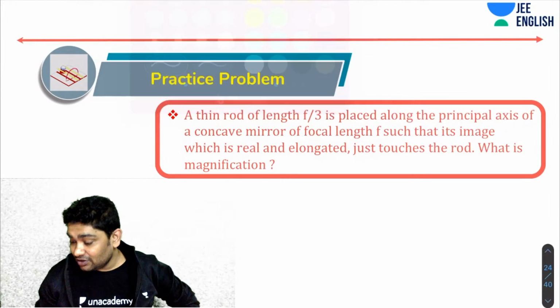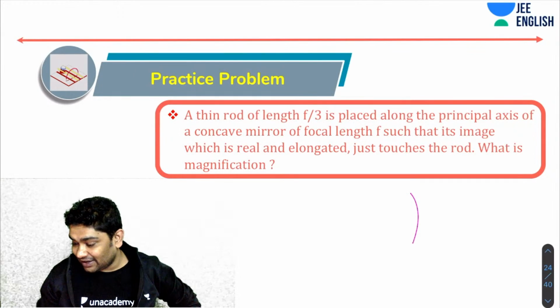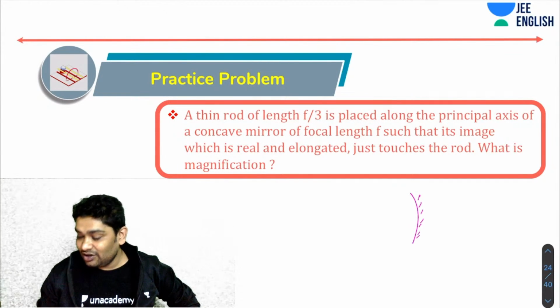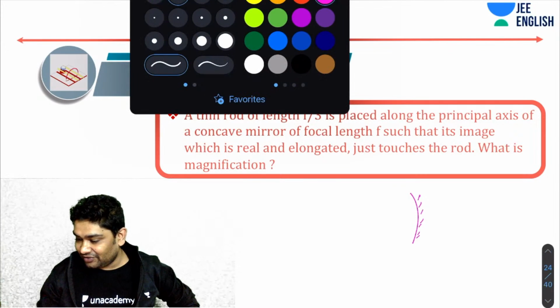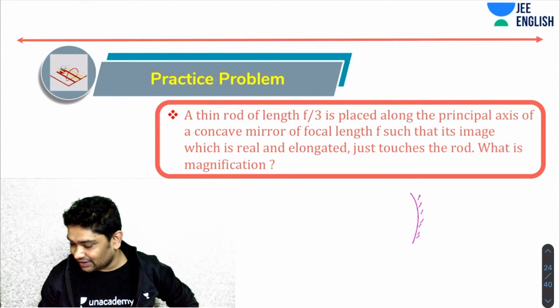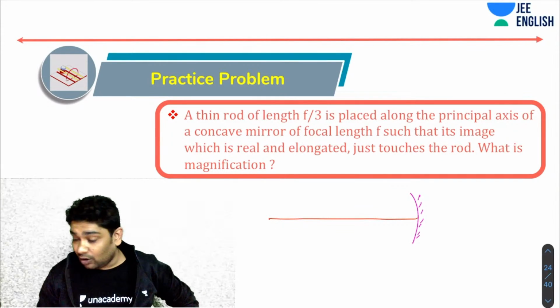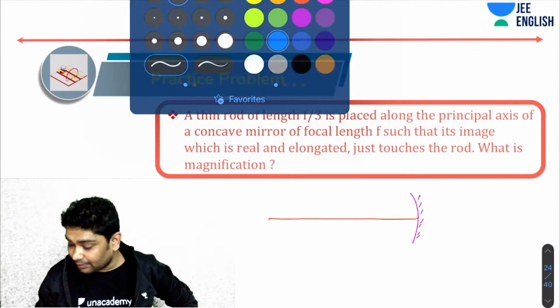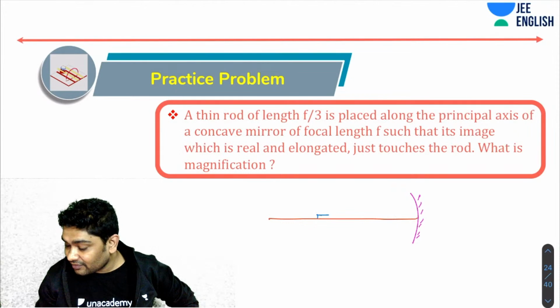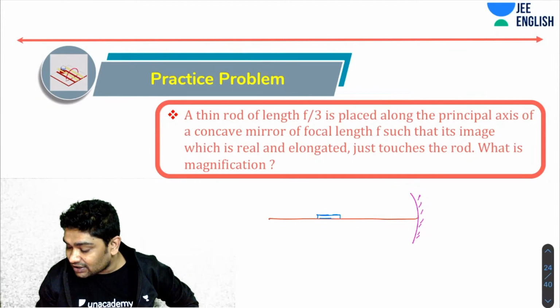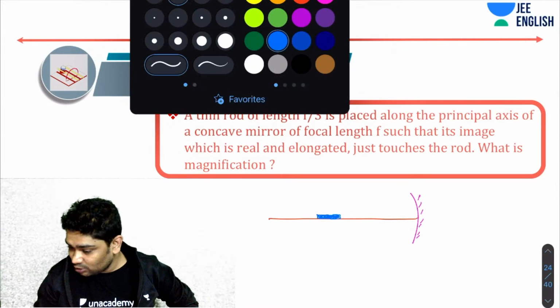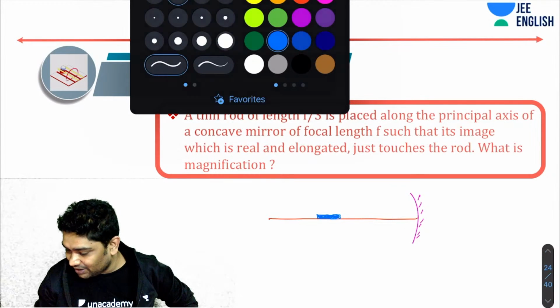This information tells me that if this was the concave mirror, and if this was the principal axis, then if I have the elongated object kept like this, now for the image to just touch this, what you realize is that this end, so let's give these two ends some names.